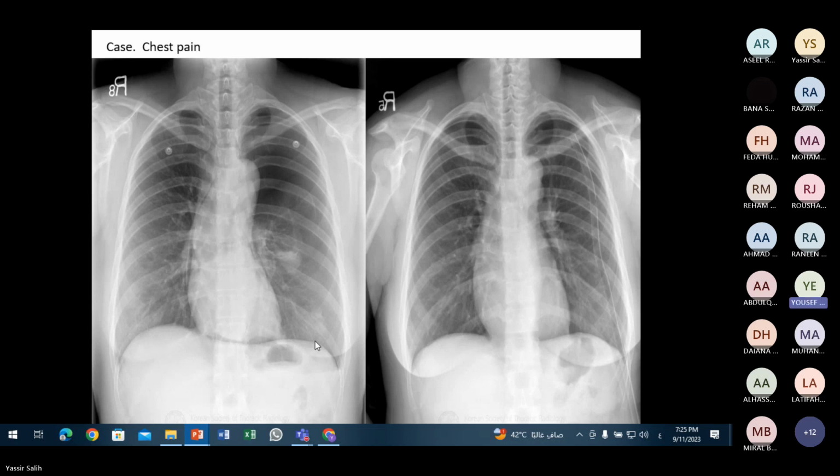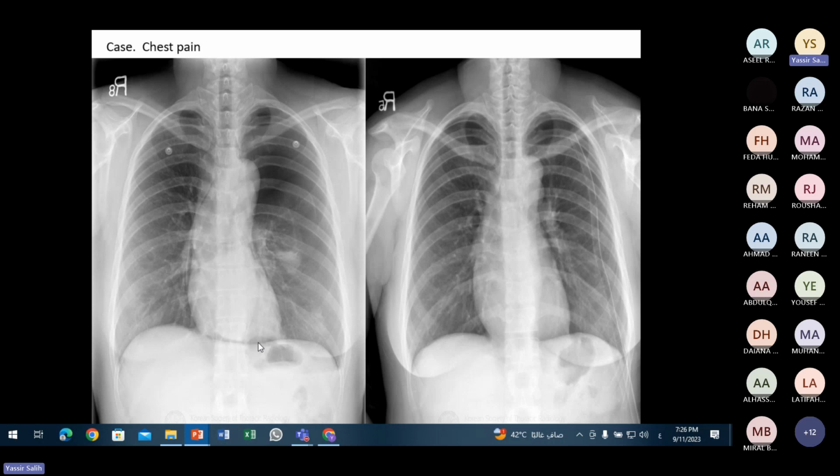Not seen, slightly. But do you see it in this area? Yes. Why is it seen like this? Maybe there's air. Yes, you are right, there is air.